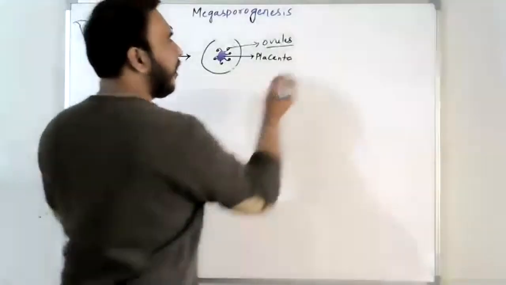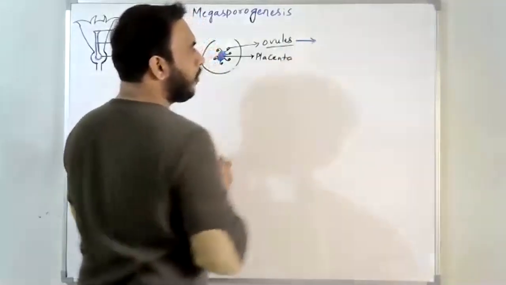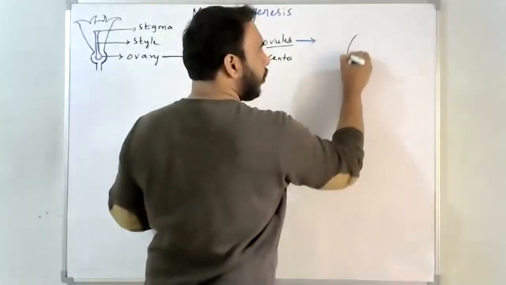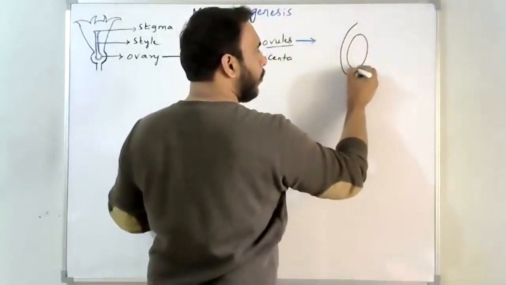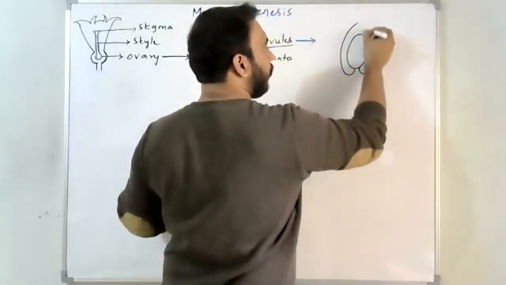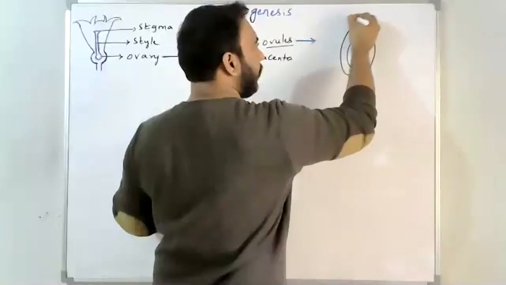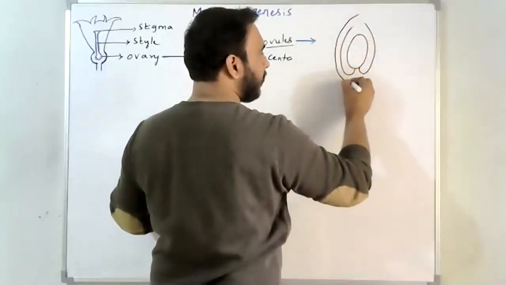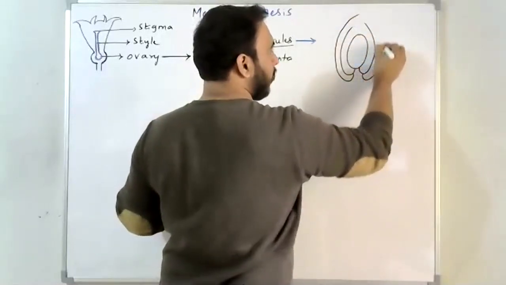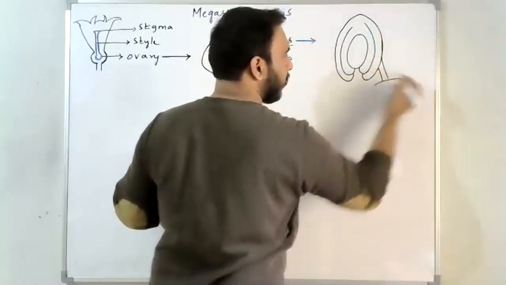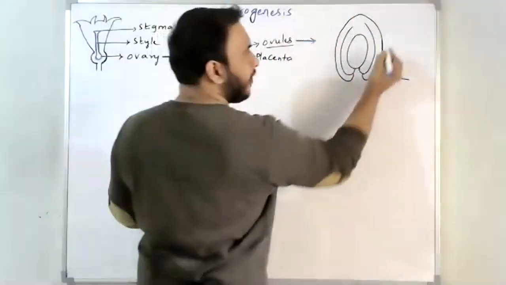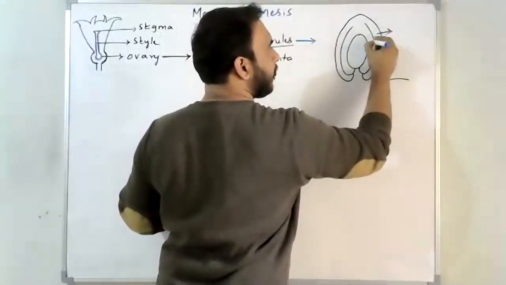Now let's look into the structure of an ovule. Each ovule is surrounded by two integuments. They are the protective membranes.